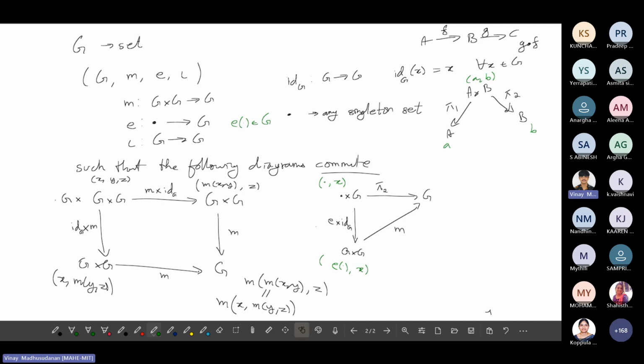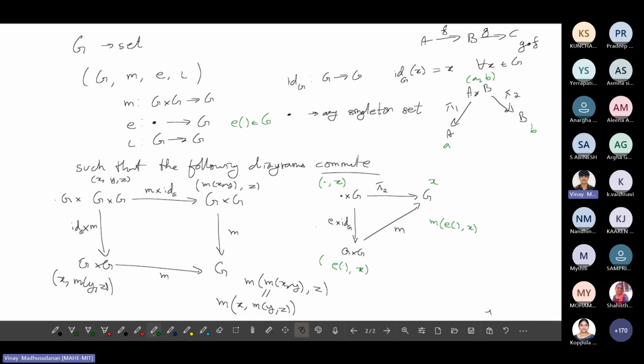Whereas along this one, it goes to what? Just x, right? Because it is the projection onto the second component of the product, so it is just x. So now this way, this goes to G as what? M of E dot comma x, or in binary operation notation, it is E of that dot x.